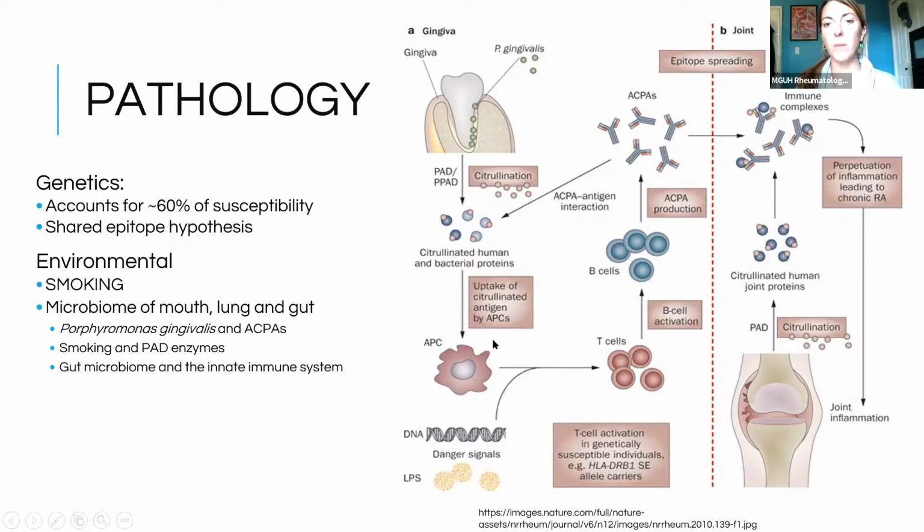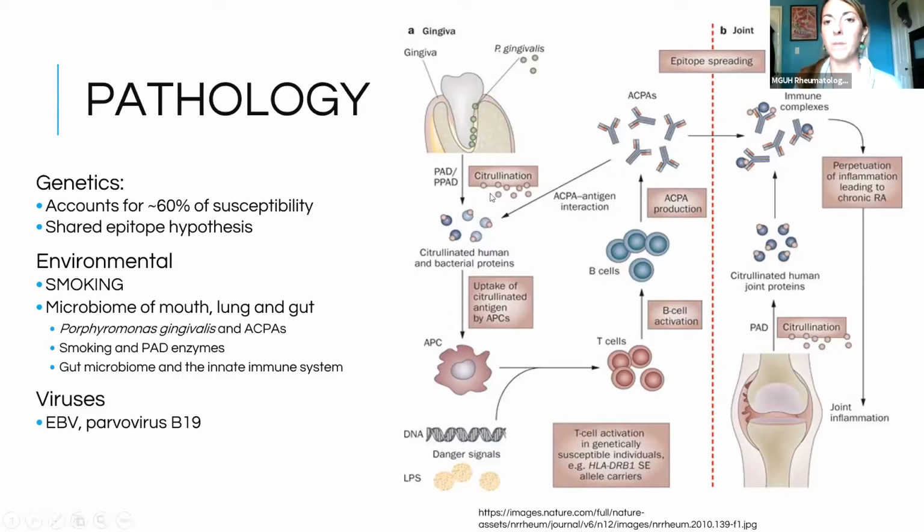So there's quite a bit of environmental factors that play a role in most individuals. Smoking is a huge driver of autoimmune disease, particularly in RA. And part of that is because of the microbiome that's present in the lungs and this process of citrullination.